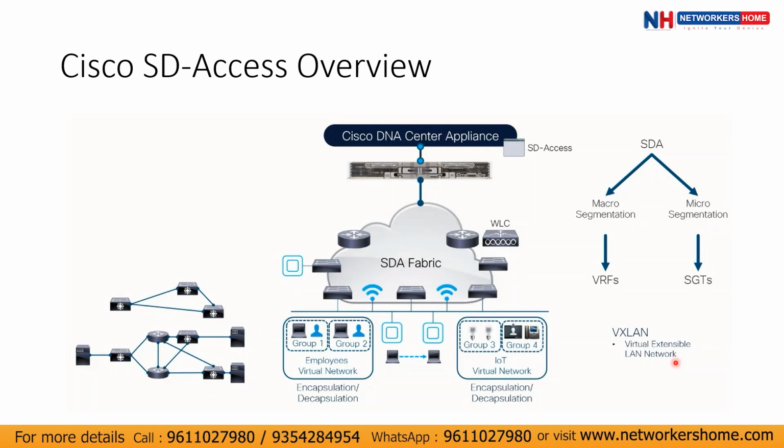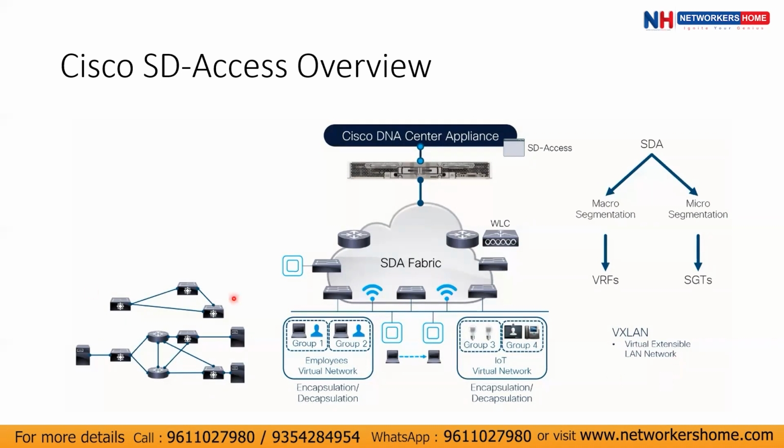And in Cisco's SDA, it is different, because we have tweaked the header, and we are using this specific version of VXLAN, which is called your GPO header, your group policy option header in VXLAN. And in that header, there is a specific field for your SGT and VRF.